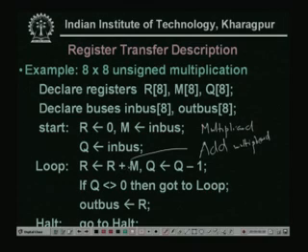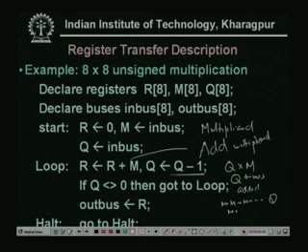Initially one addition, and after one addition q, the multiplier, should be decremented, and we have to continue this up to q times, because q into m is nothing but q times addition. M should be added q times, m plus m plus m plus up to q times, that is m q.